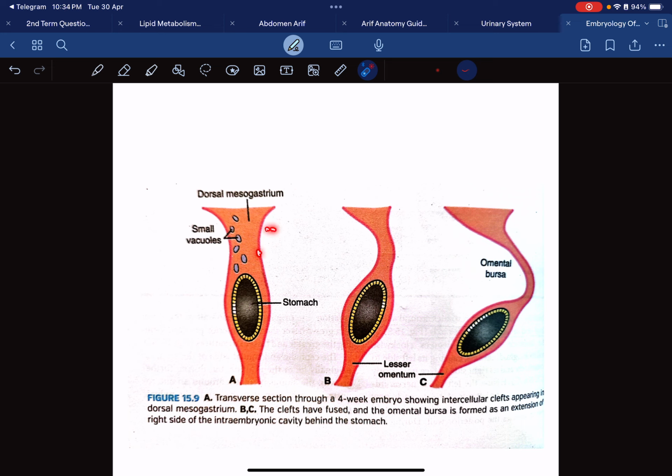From this dorsal mesentery, the things that are derived are dorsal mesogastrium, greater omentum, mesoduodenum, mesentery proper, mesocolon, mesoappendix, mesosigmoid, basically the mesentery. And from the ventral mesogastrium, we have the lesser omentum and the falciform ligament.